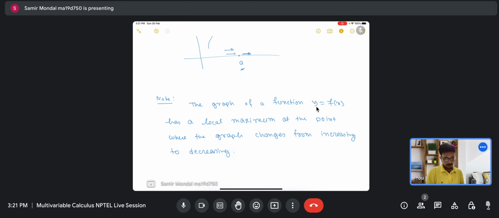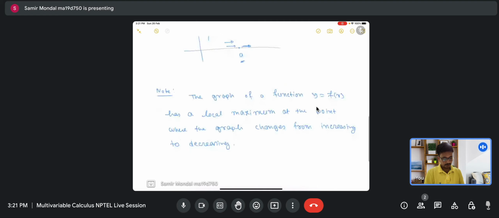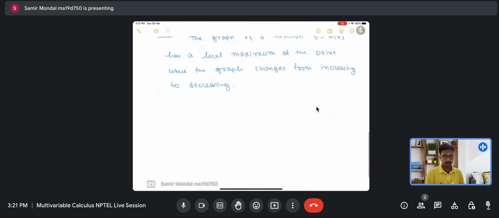Okay, so suppose this is one such graph. Here you have a local maxima.